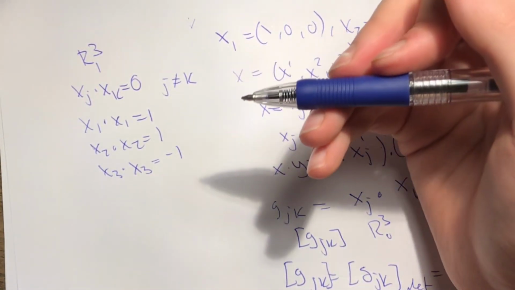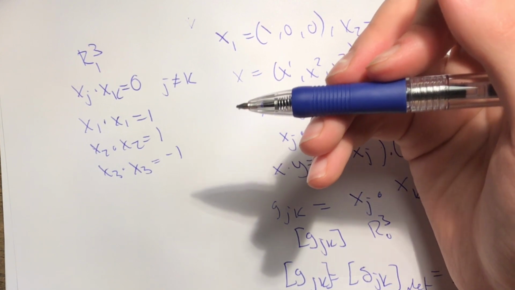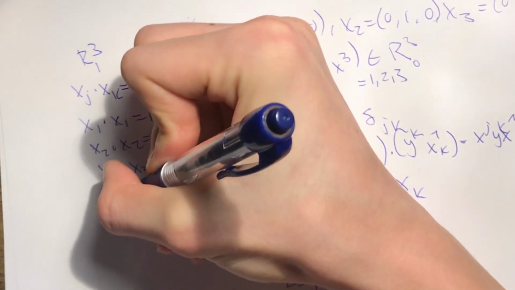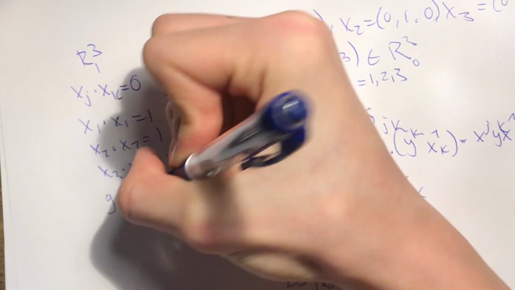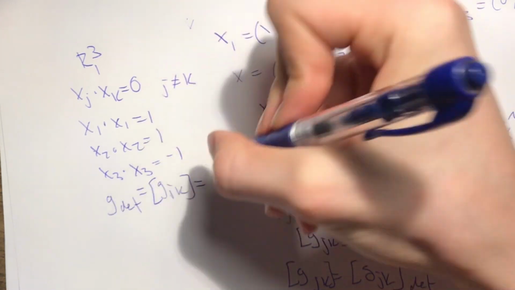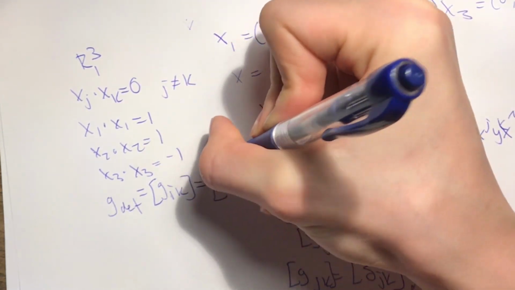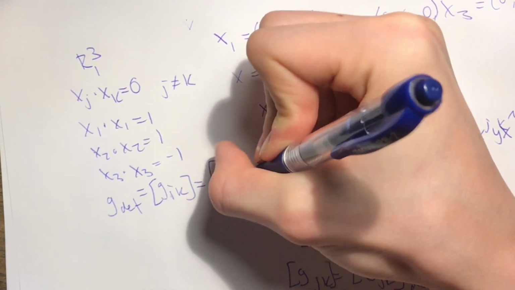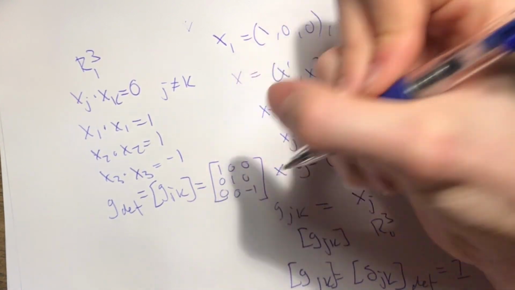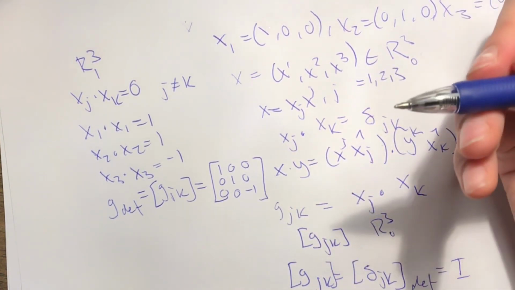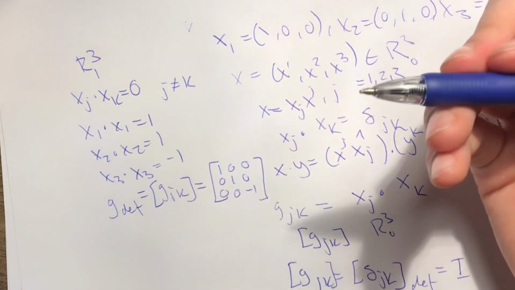Hence, the metric tensor of the Minkowski space in Cartesian coordinates is determined by the matrix G, by definition equal to the matrix of gjk equals 1, 0, 0, 0, 1, 0, 0, 0, minus 1. Follows quite easily. And then, in any case, the metric tensor is symmetric.